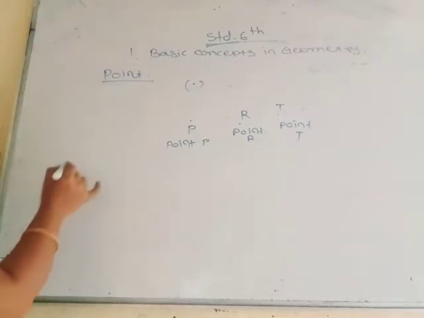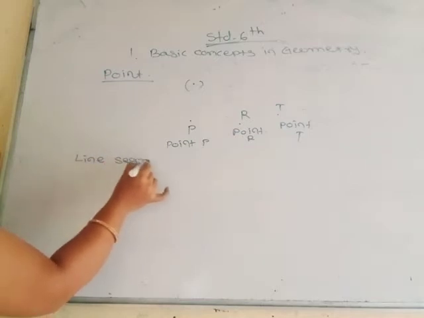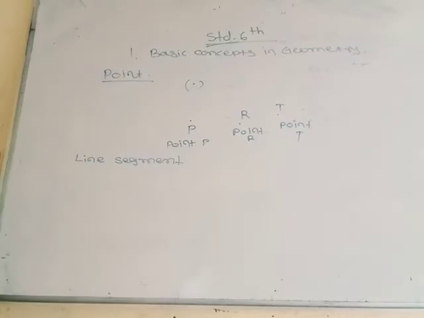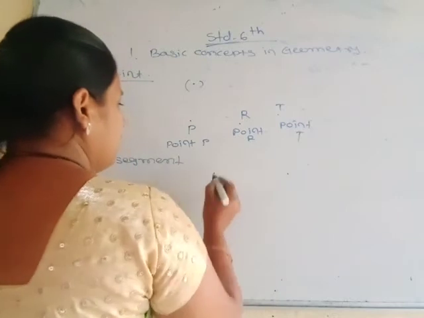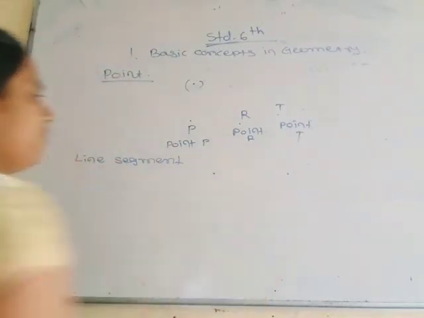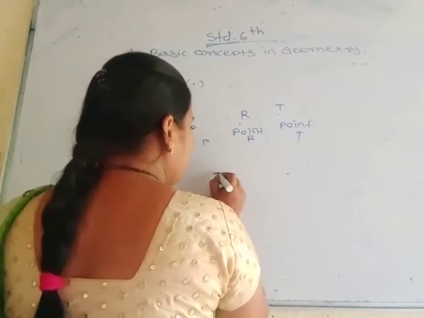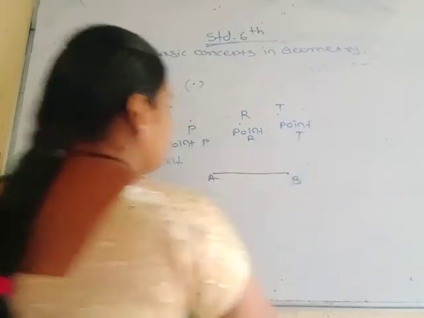Then the next concept, line segment. If we join these two points A and B by using a ruler, we get the line segment AB.